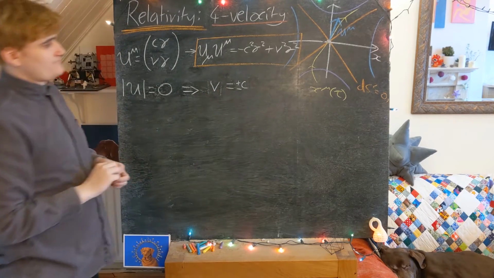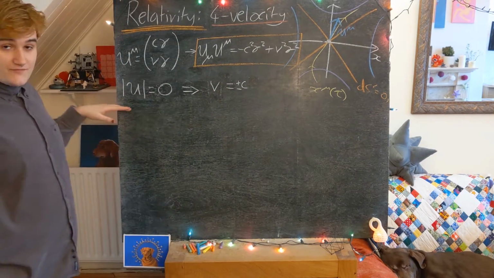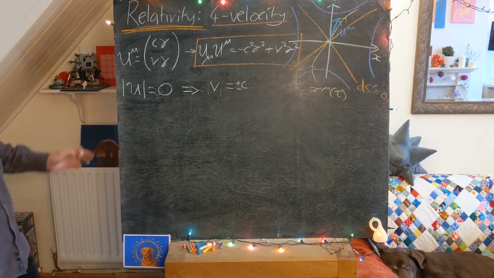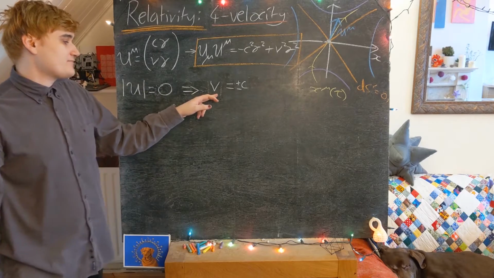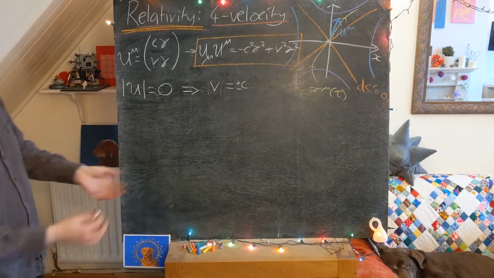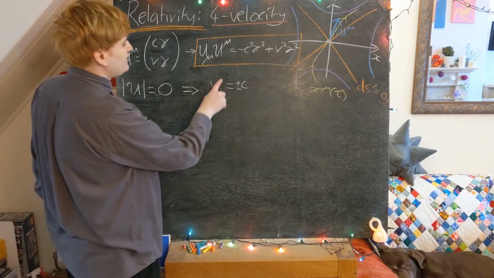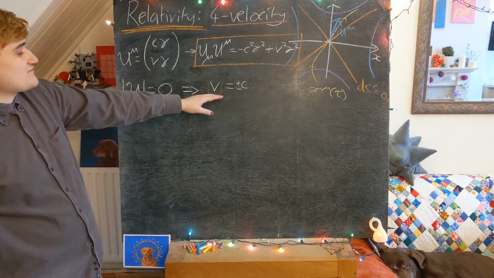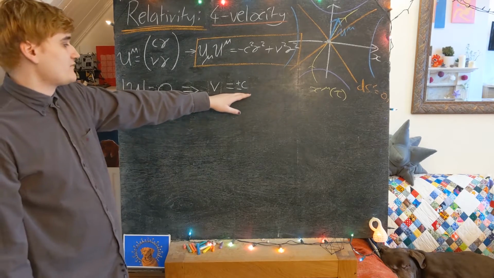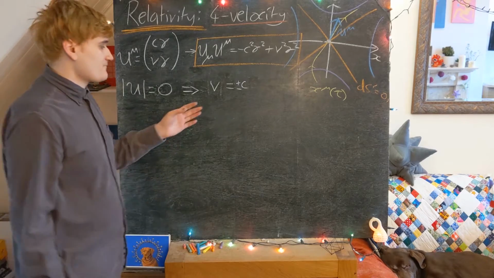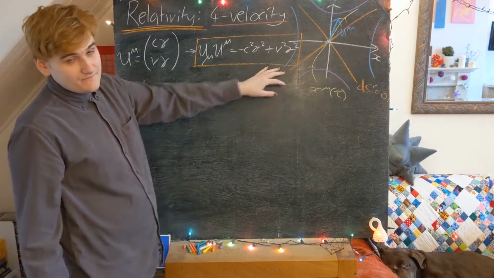So, if the full velocity vector has 0 space-time length, we know that the coordinate velocity of the world line that full velocity vector corresponds to is going to be plus or minus c.